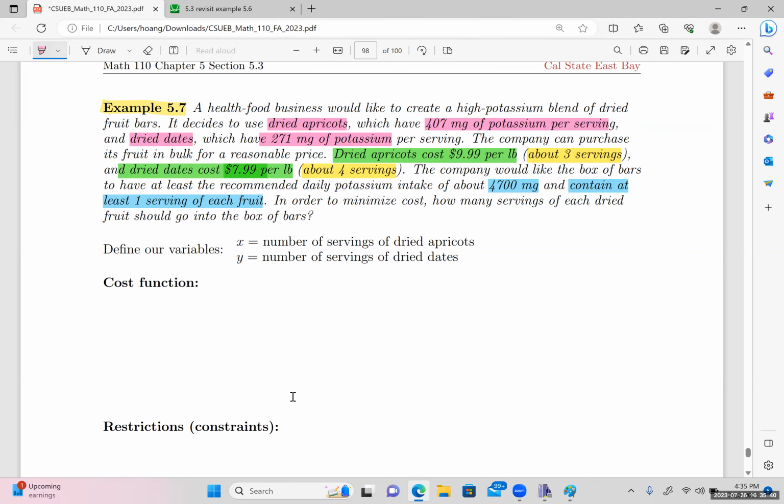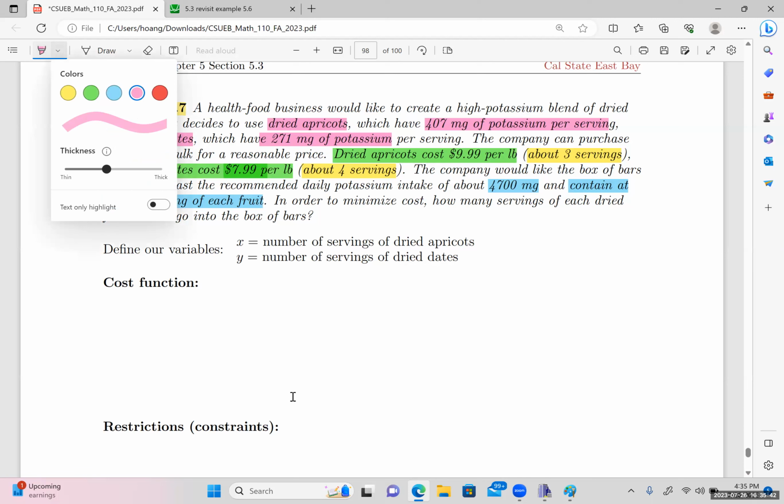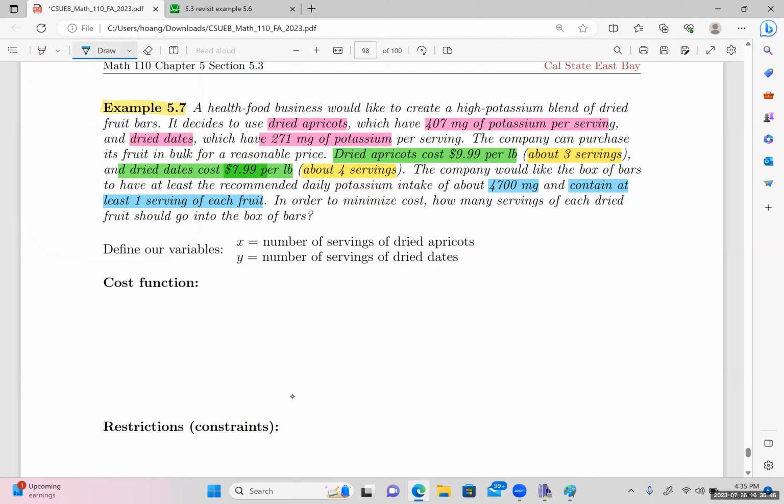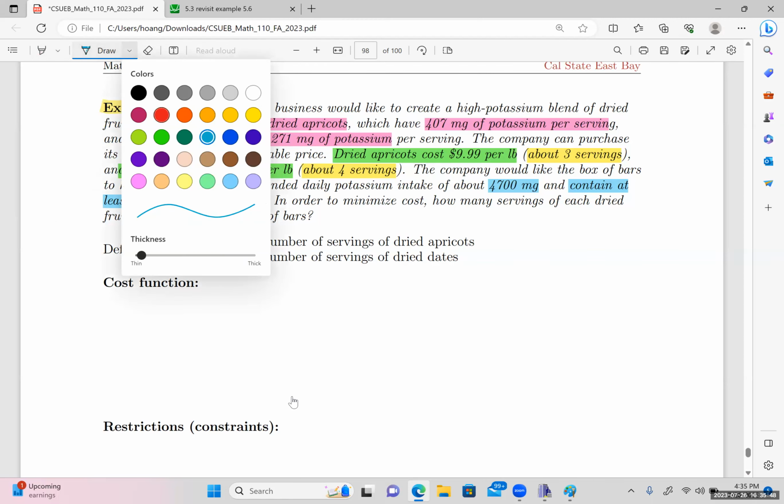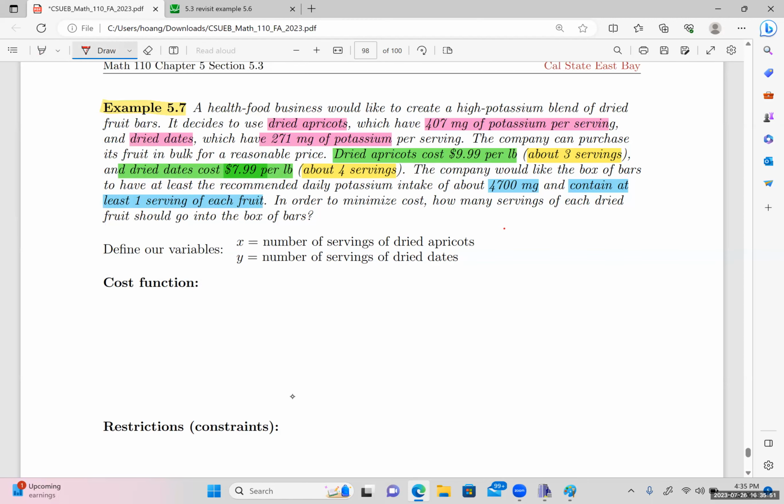So what is the question? I'll use the red one here. In order to minimize the cost, right? We want to minimize the cost. How many servings of each dry fruit, right?